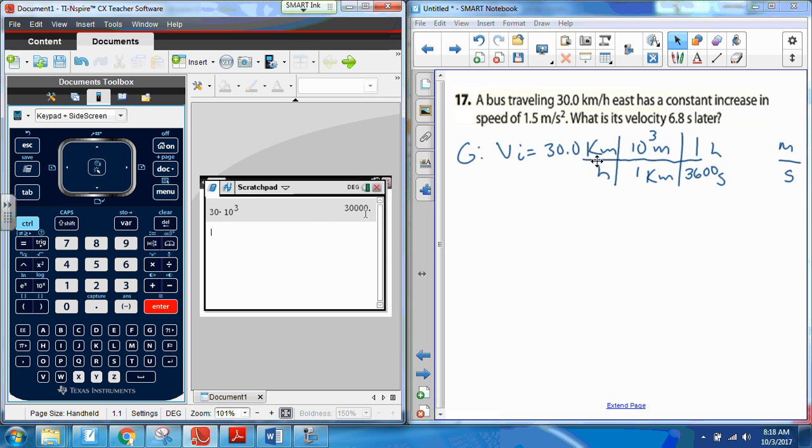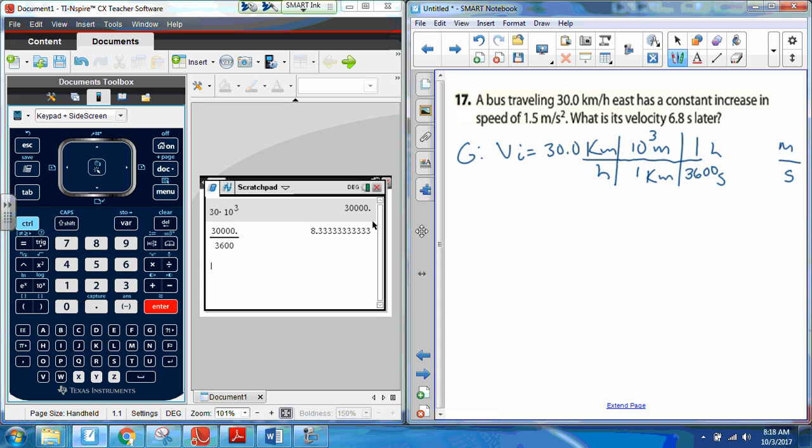So I'm going to do top divided by the bottom, so that's 30,000 divided by 3,600. And you get that the V initial is going to be 8.3 repeating meters per second.